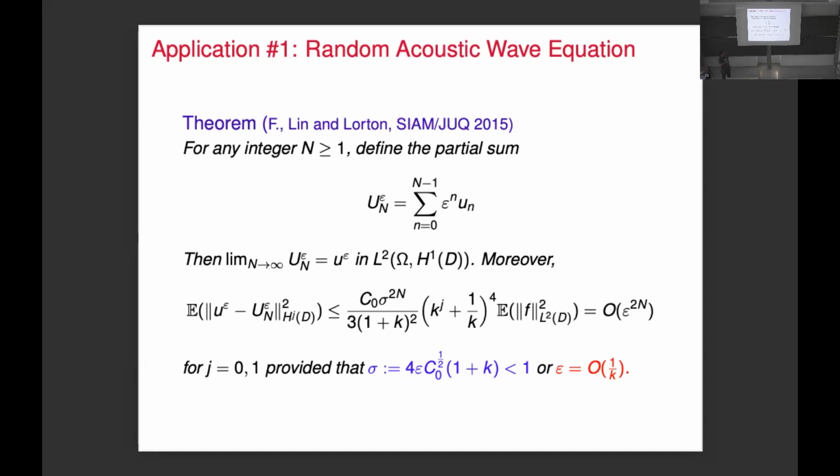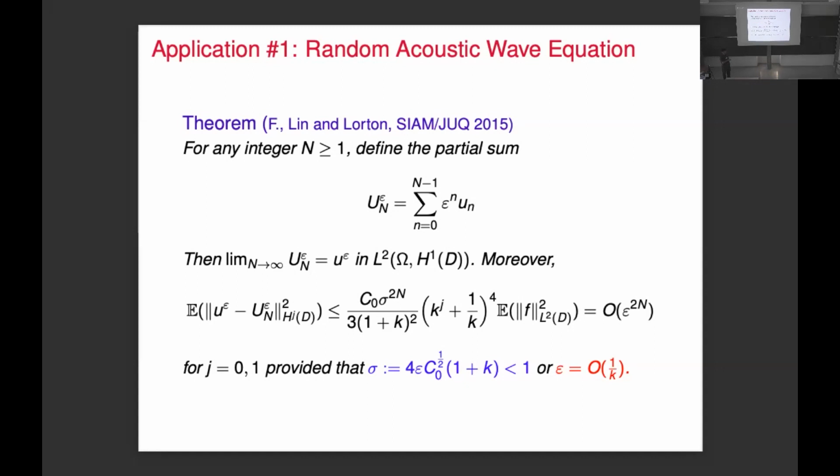The error is exact here as a square, take the square root, and it's epsilon to the nth power, as expected, because the next term you cut is epsilon to the power capital N. Okay. And the catch here is that this convergence is proved under this assumption, where sigma is related to epsilon with the wave number, less than 1.